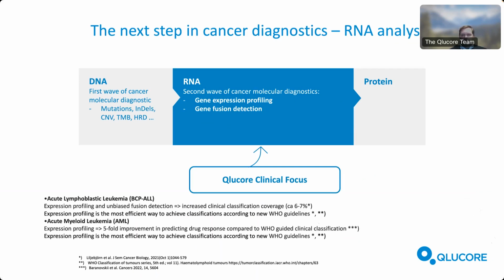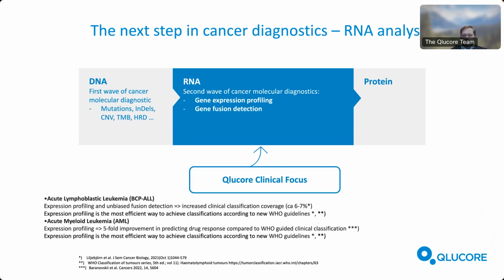But the reason that we think RNA is the next step is that the technology is also readily available. So when it comes to protein, it is not quite there yet, but anyone that can sequence DNA can sequence RNA, and the evidence for the utility of RNA is also building up. And I have listed a few of them here. So Liljebjörn et al. show that expression profiling and unbiased fusion detection increase the clinical classification coverage with 6 to 7% compared to traditional methods.